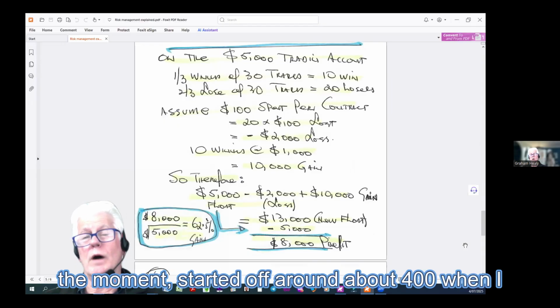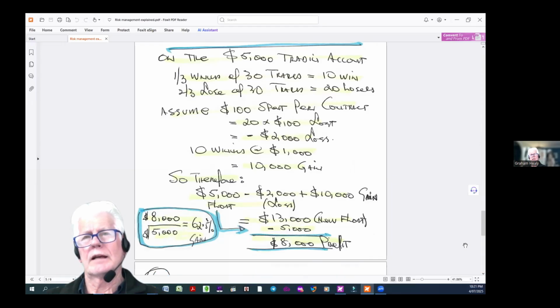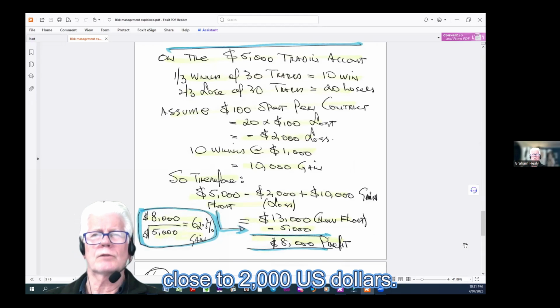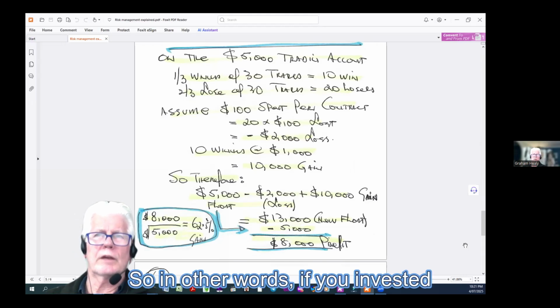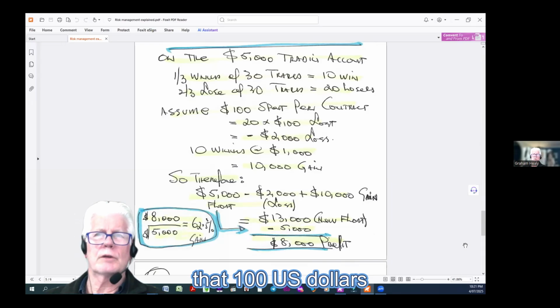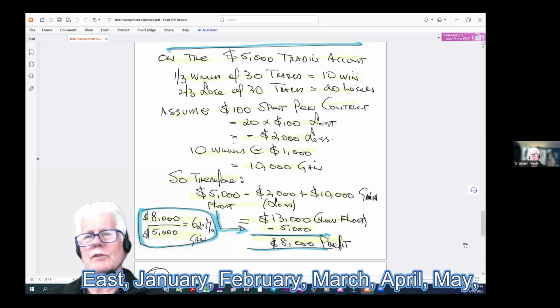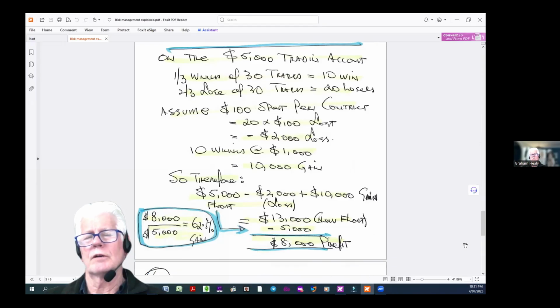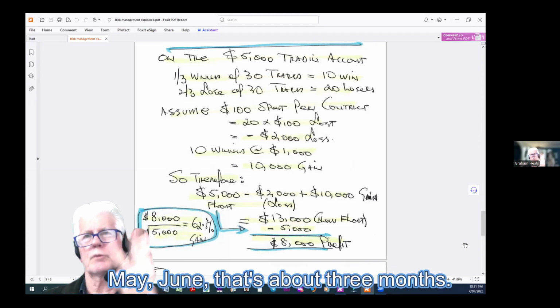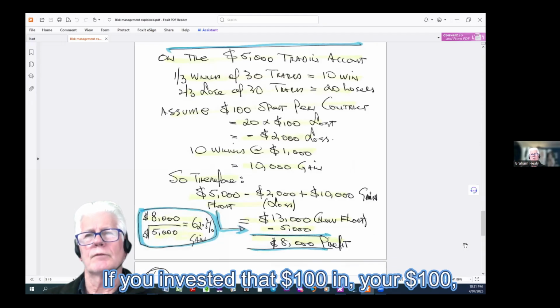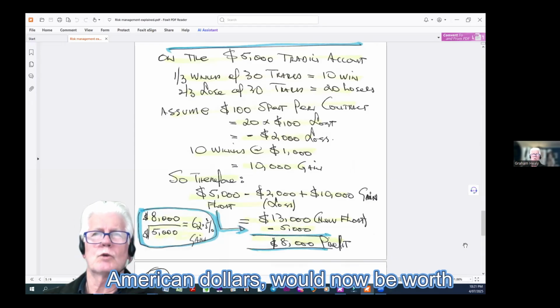It started off around about 400 when I bought the calls. That's now worth close to 2,000 US dollars. So if you invested that 100 US dollars around about Easter, so April, May, June, that's about 3 months, your $100 American dollars would now be worth 2,000.